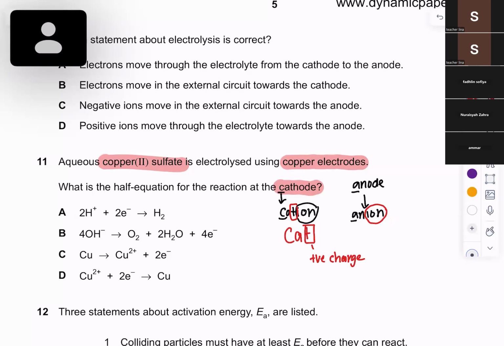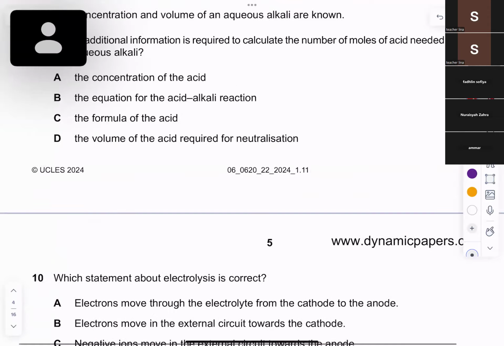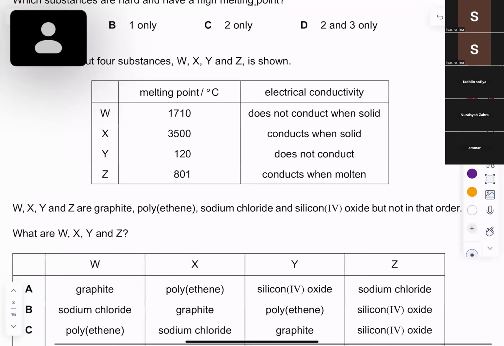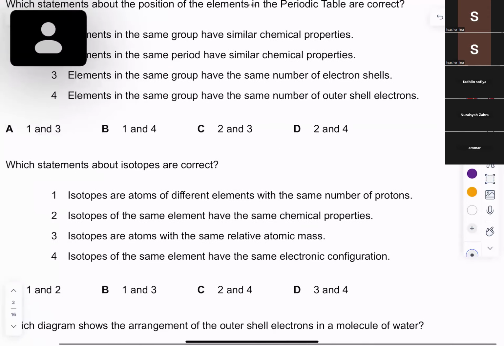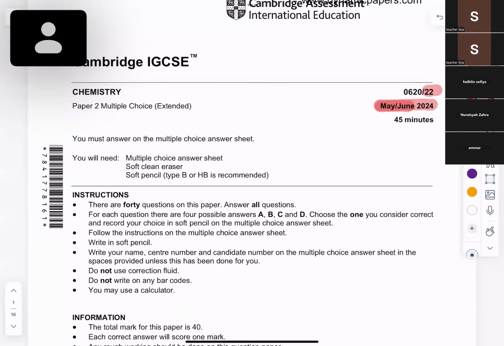Ni sayang, May June 2024 variant 2. Jemput tak? Sekejap. This one. Teacher ada hantar 6, ada hantar 7 paper dekat in the group. Kalau you all have a past paper, you boleh buka dekat ni.